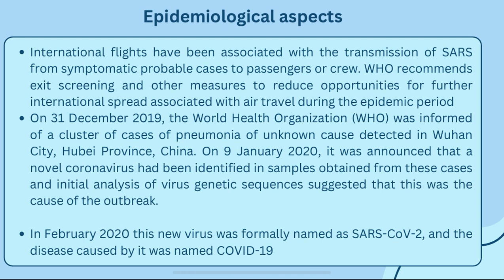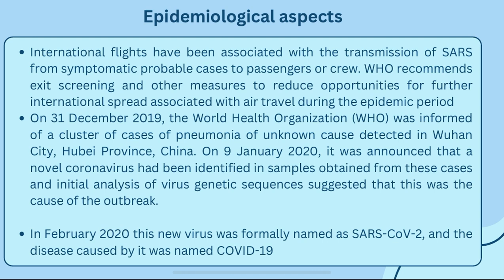So, I told you in the earlier slides that there were unknown, atypical cases of pneumonia reported in Wuhan city, Hubei province in China. And when they checked the samples, it was identified that these cases had the virus genetic sequences of a coronavirus.